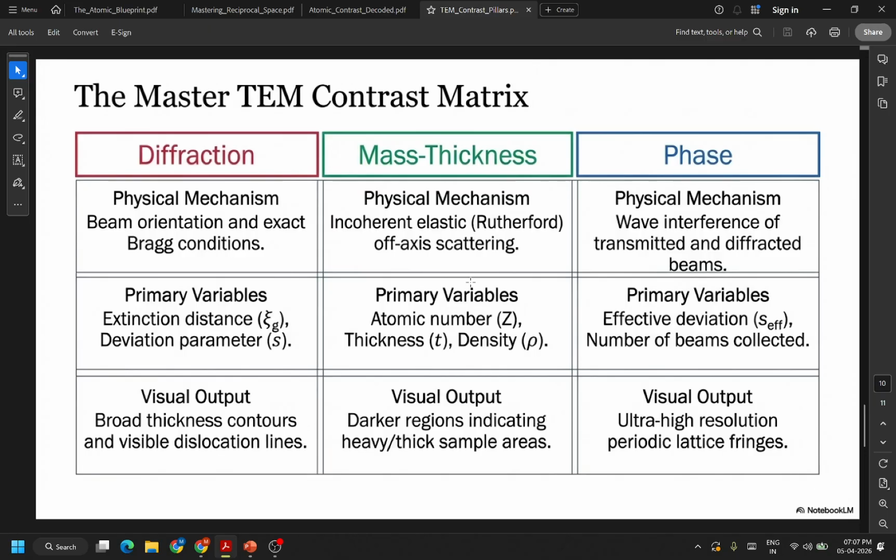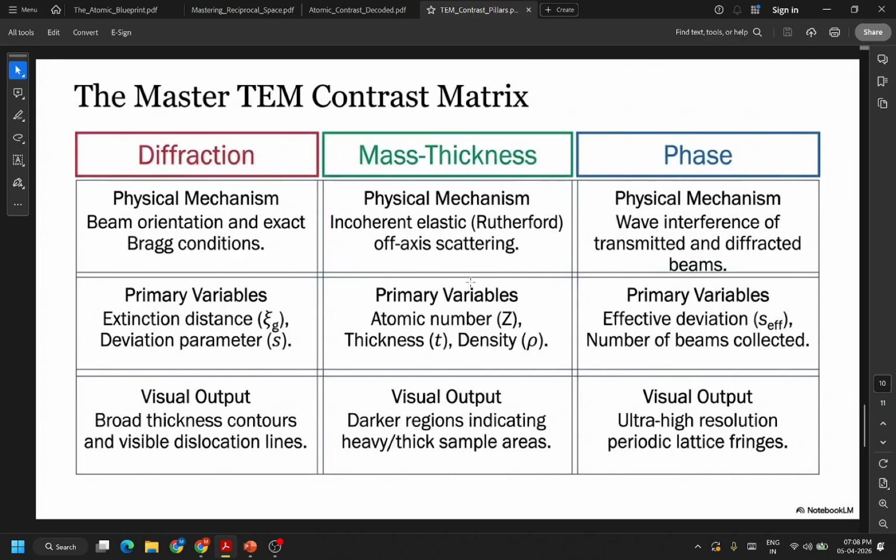For diffraction, the physical mechanism is beam orientation and exact Bragg conditions. For mass thickness, the physical mechanism is incoherent elastic off-axis scattering. For phase, the mechanism is wave interference of transmitted and diffracted beams.